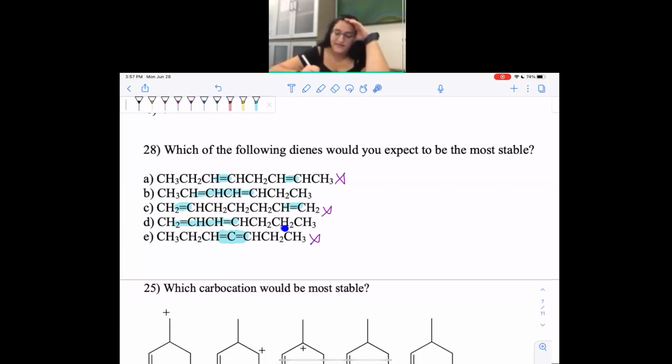Between B and D, both of those are conjugated, but D is going to be more reactive because it has a less stable double bond here. This one has a more substituted double bond, so B will be the correct answer.